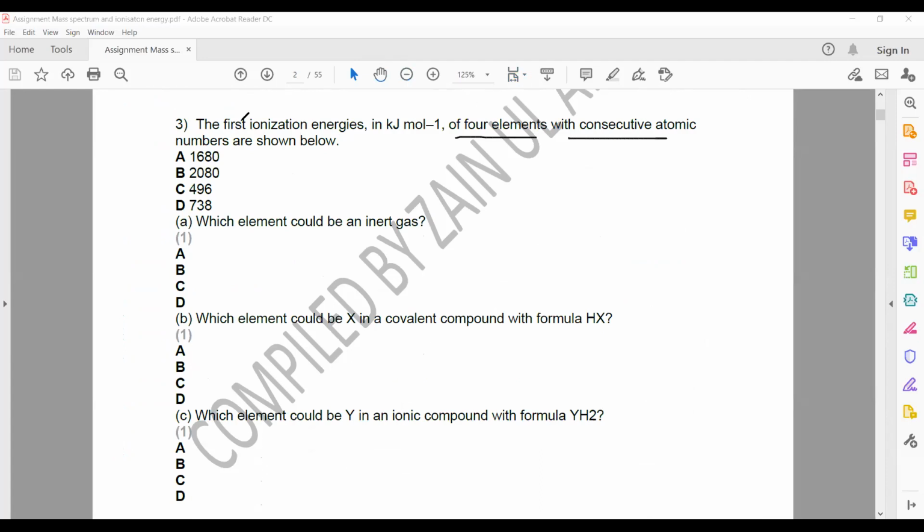Consecutive atomic numbers means if one element is 11, then the atomic number of the others will be 12, then 13 and 14. Which element could be an inert gas? Inert gas means group 8. Group 8 should have the highest ionization energy. What could be the answer?